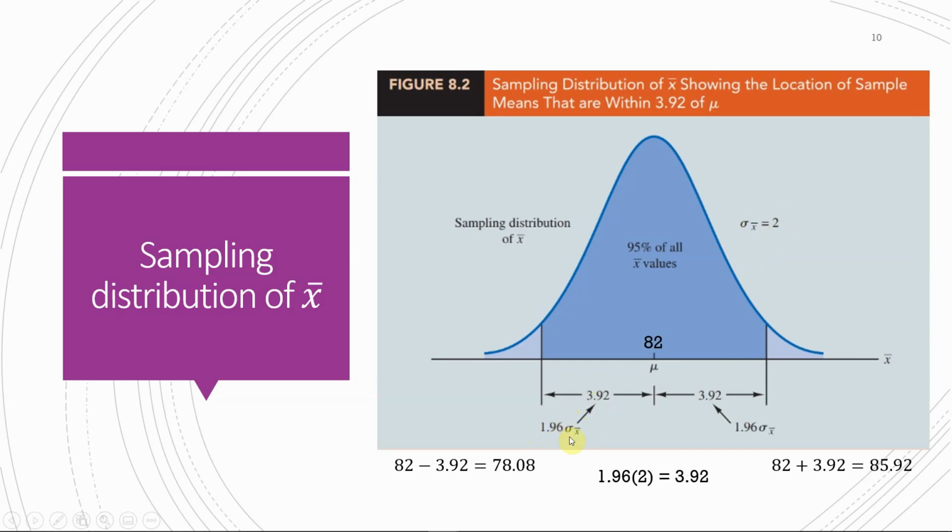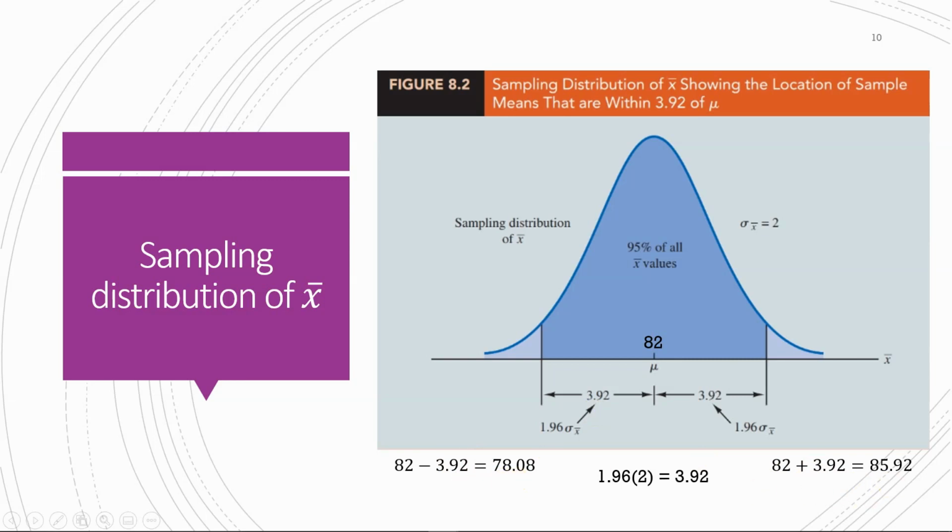We can multiply those together, 2 times 1.96, to find out that this interval goes from the mean plus 3.92 and minus 3.92. So if we subtracted 3.92 or added 3.92 to 82, which is our mean, we would get an interval that falls from about 78 to 85, 86.